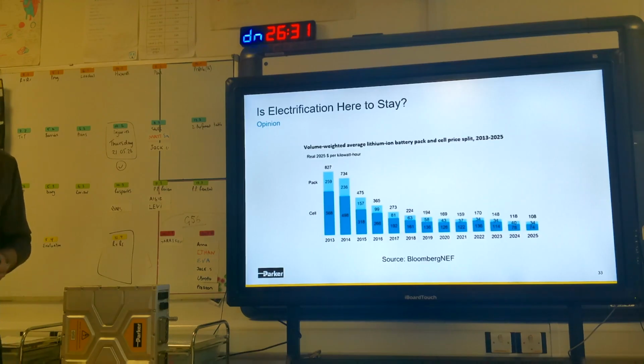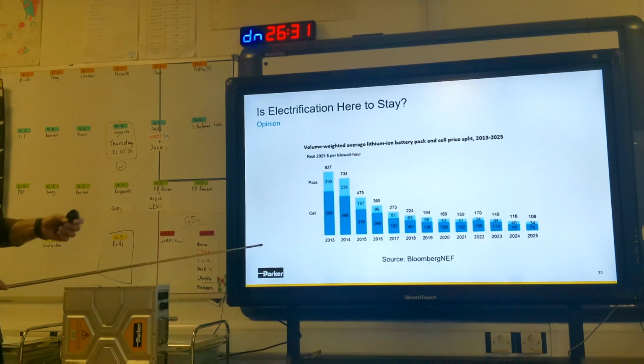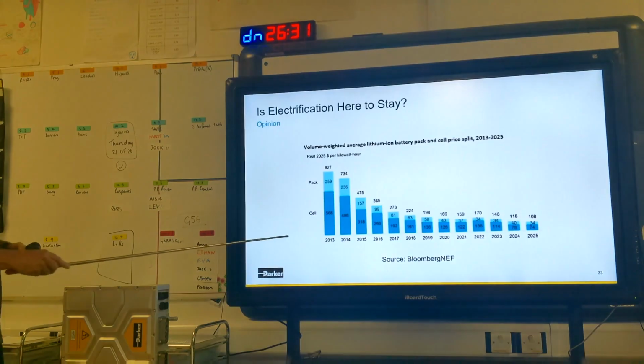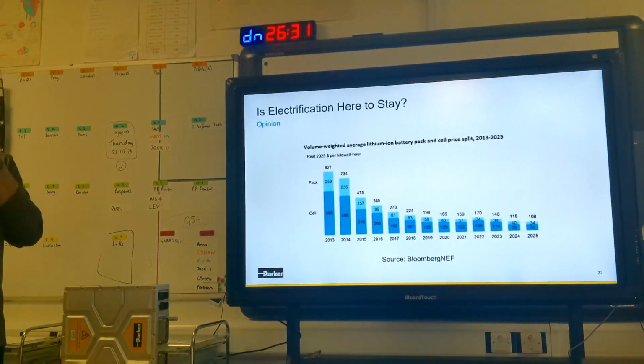Here's another graph I pulled from the internet. This is the price of lithium-ion battery packs over the past, I don't know, 2013 to 2025. Around about that time, I was working for a bit of Parker. We were trying to create containers full of lithium-ion batteries and grid-facing inverters to basically absorb intermittent renewable energy and promote the use of renewable energy on the grid.